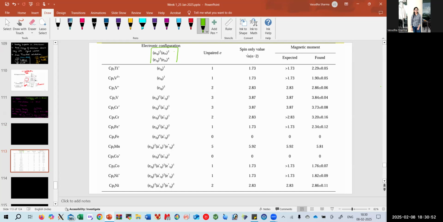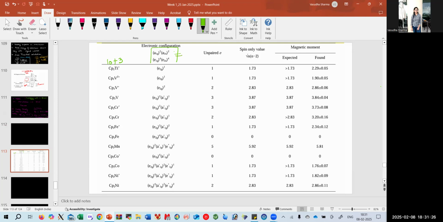Say, for example, we have Cp2 titanium plus 1. Titanium plus 1 will give you 3 electrons. So 10 coming from this one and 3 coming from your titanium, that is 13.